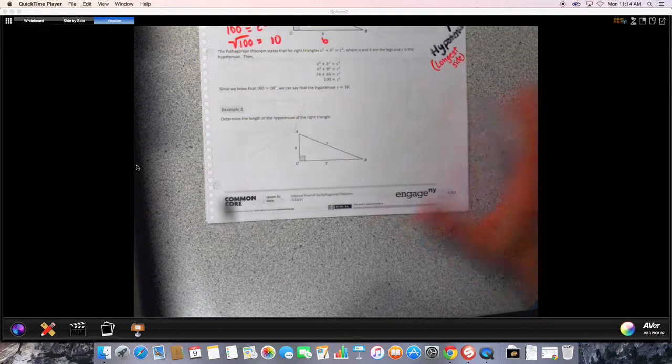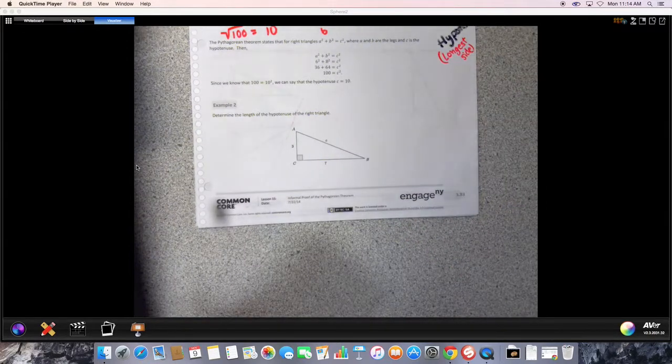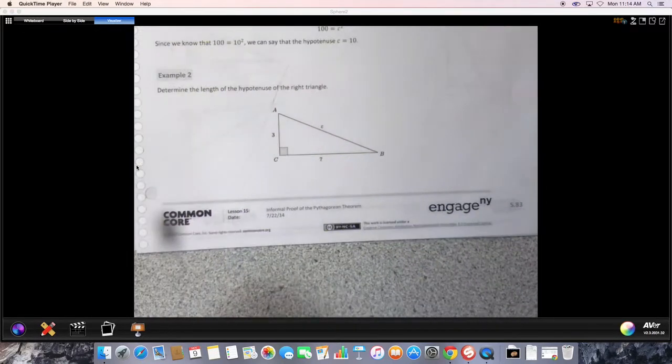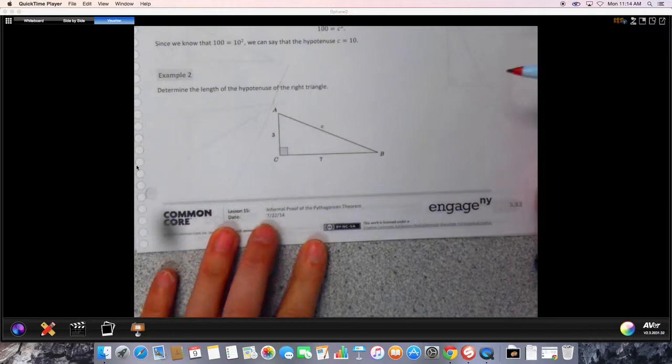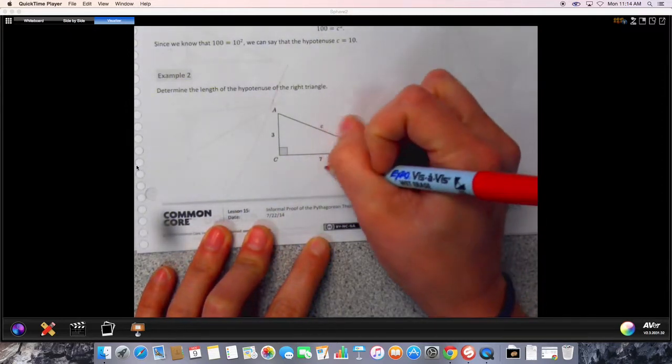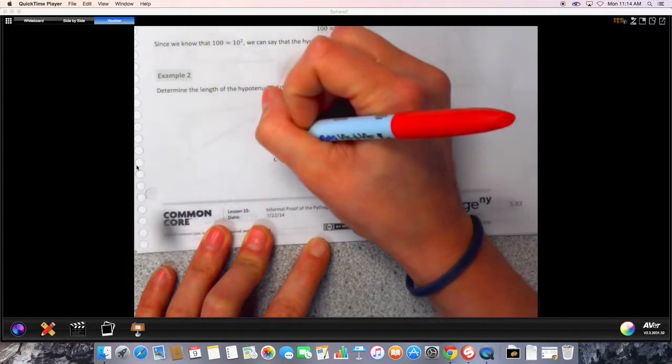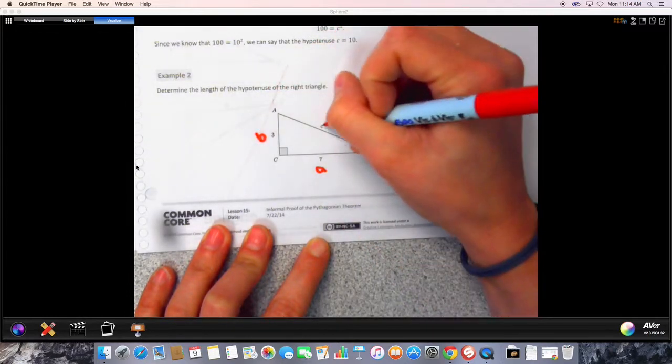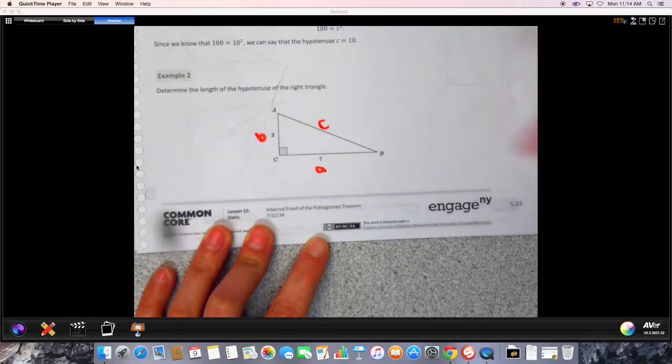So example 2 here, determine the length of the hypotenuse of the right triangle. Let me zoom in a little bit. Okay, so in this case, you have some different numbers here. And you can assign them any way you want. This time, just to show that it works, we're going to make 7 A, and we're going to make 3 B, and then here's our side C. And we're going to use our Pythagorean theorem.